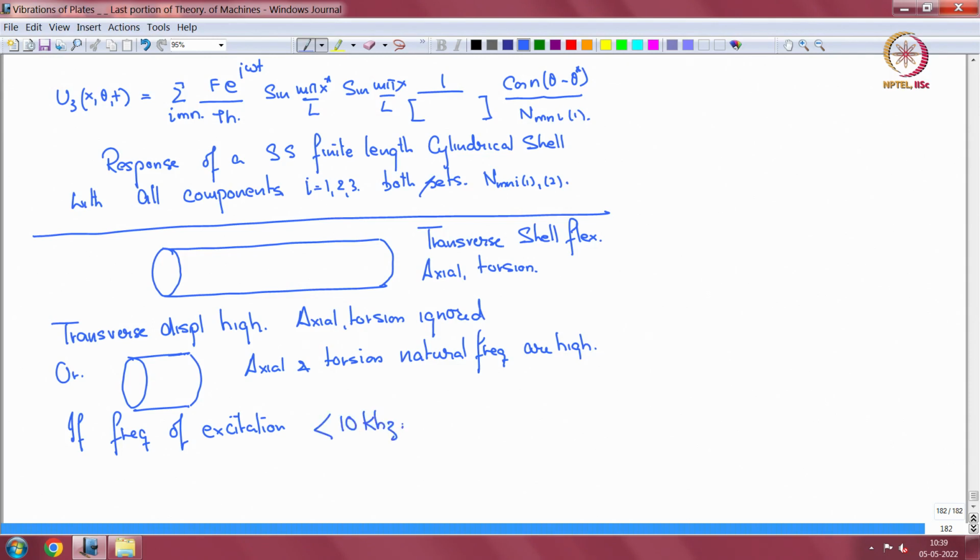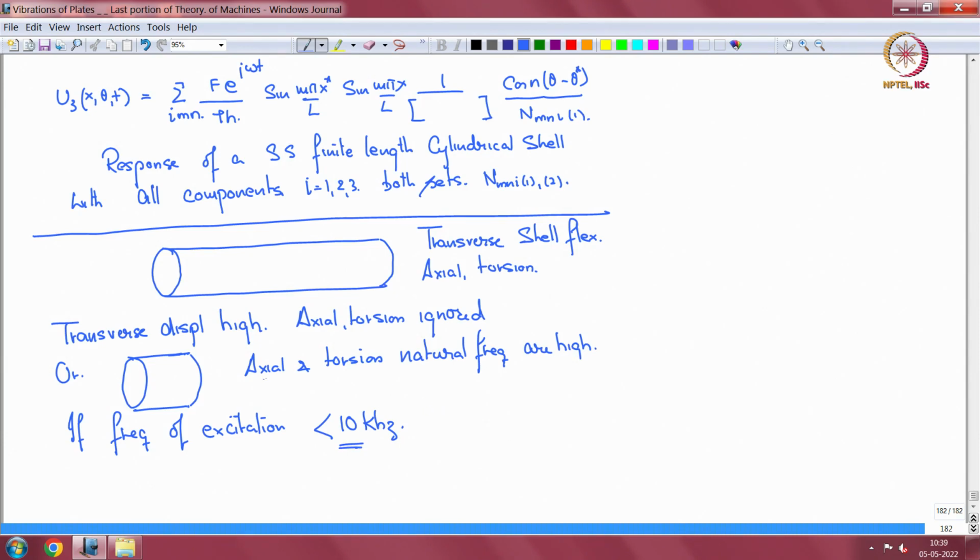It is very difficult to get excitation above 10 kilohertz mechanically, unless you have explosions and cavitations and so forth. Those are rare events, but with gears rotating and pumps rotating and so forth, the energy comes down above 10 kilohertz.